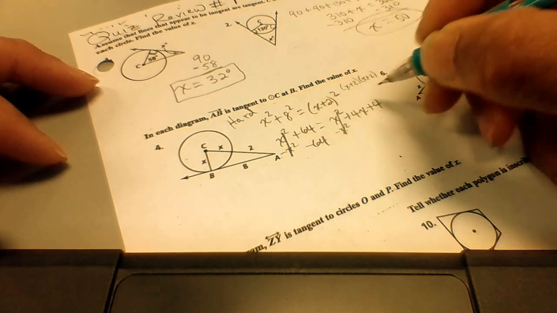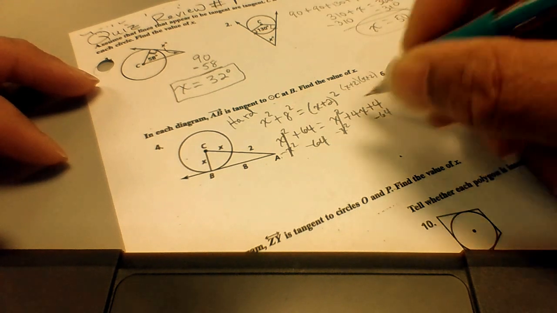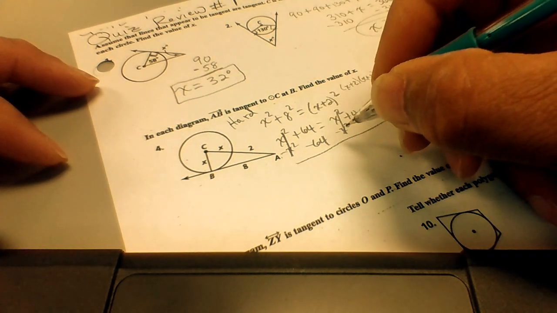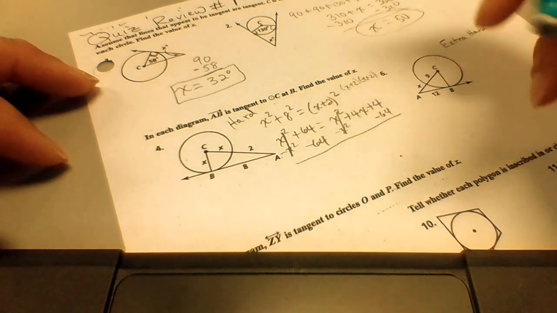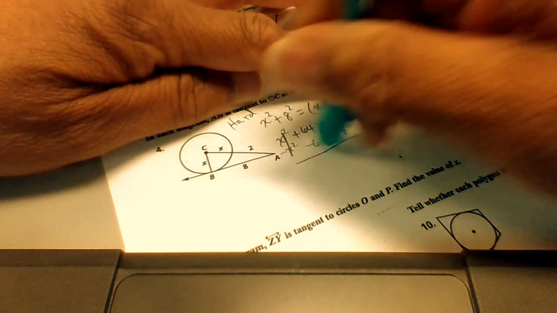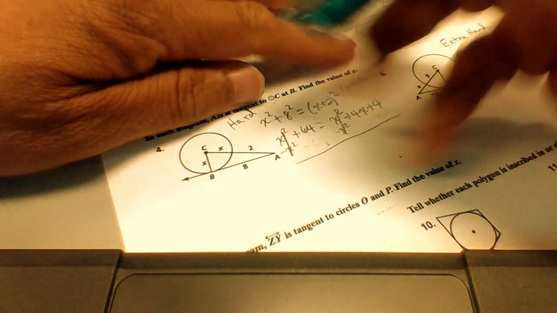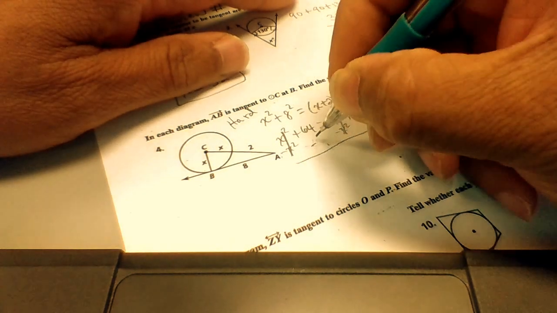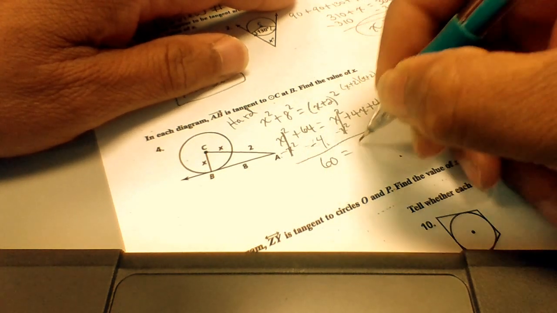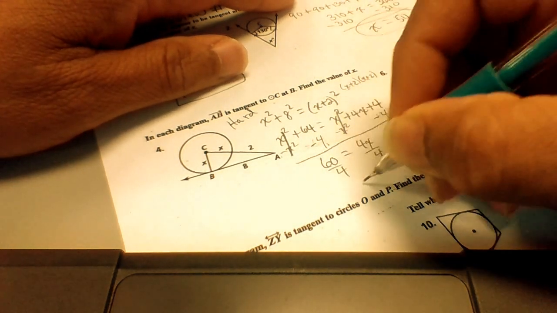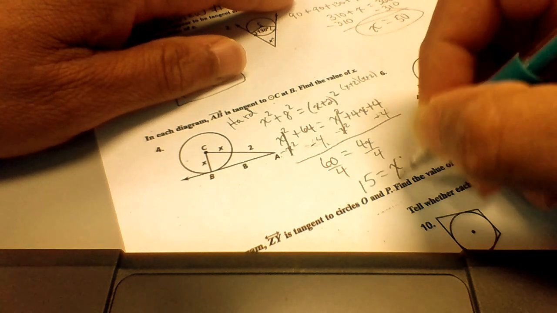So when I subtract 64 on this side and subtract 64 on this side, then that's going to give me, actually, I want to take the 4 to the other side, don't I? When I subtract 4 on this side, I subtract 4 on this side, then this is going to give me 60 is equal to 4X. Divide both sides by 4, so 15 is equal to X.